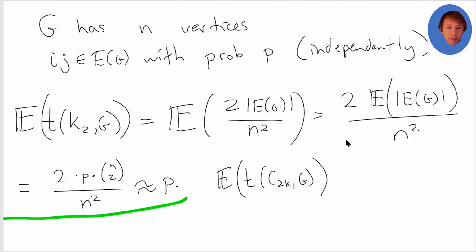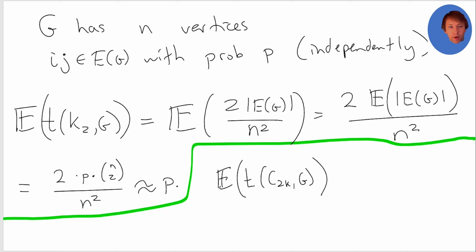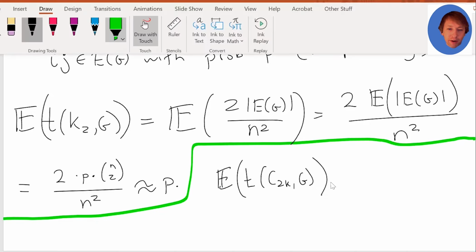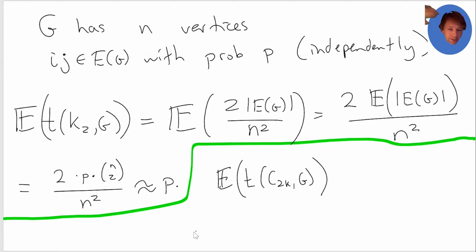So this one maybe I'll be a little bit quicker and a little bit less precise, but if n is very large, imagine I map 2k vertices into G, where the number of vertices in G is really, really large. It's like taking all the people in the world and picking 20 of them with replacement. I pick somebody, I then am allowed to pick them again or somebody else.